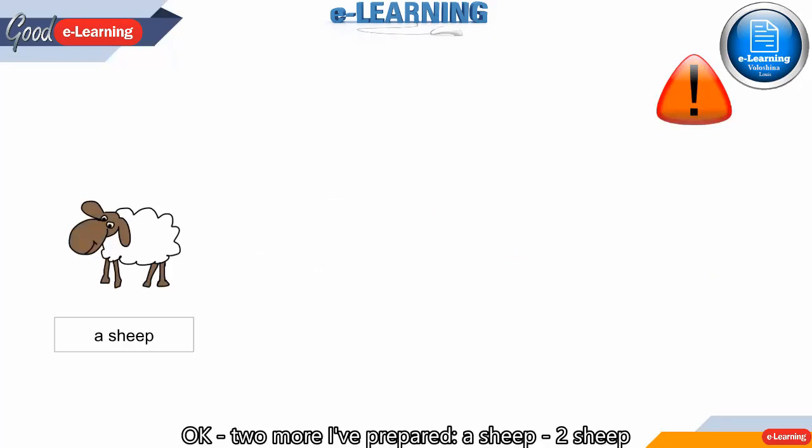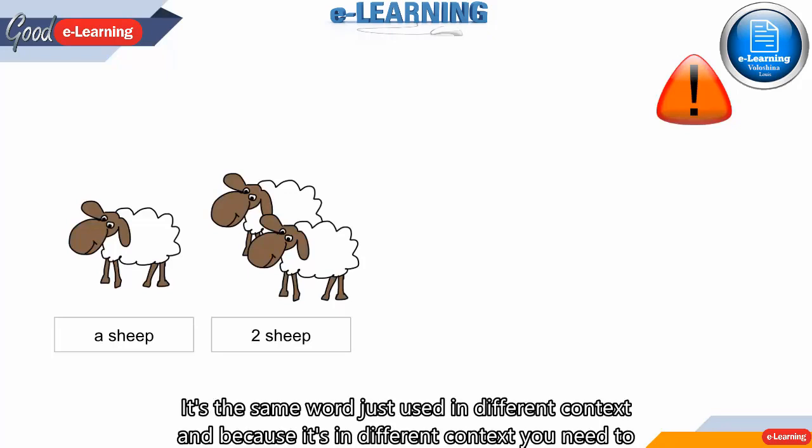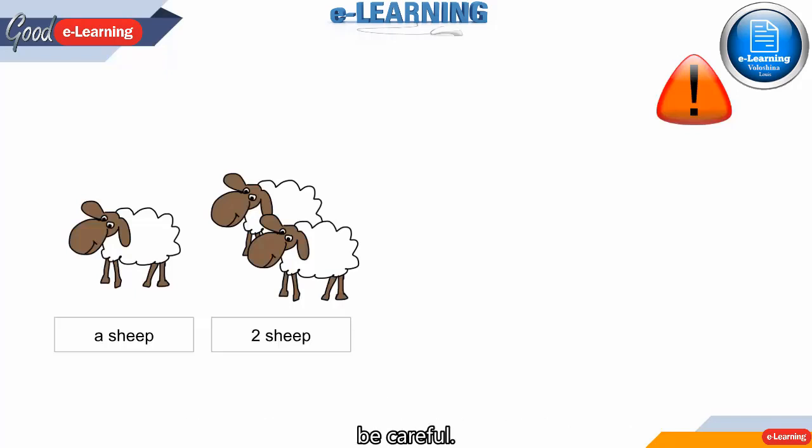Okay, two more I prepared. A sheep to sheep. Here be careful. When you use sheep in plural, you don't add anything. You don't change anything. It's the same word, just used in a different context. And because it's in a different context, you need to be careful.